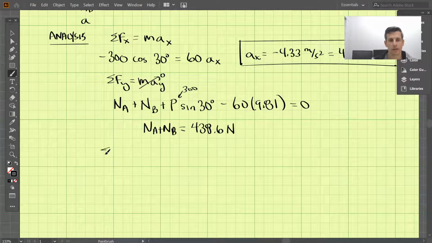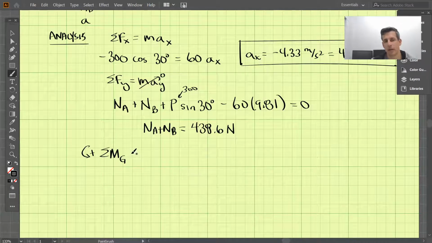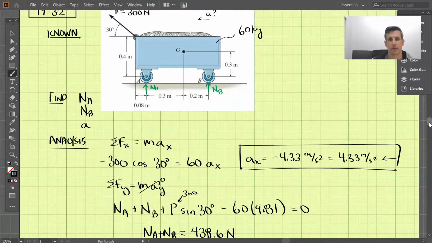Well, we can sum the moments around the center of gravity, and we'll call counterclockwise positive. Remember, the sum of the moments around the center of gravity is going to be equal to 0, and we have our center of gravity right here.